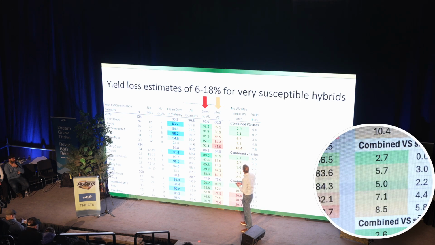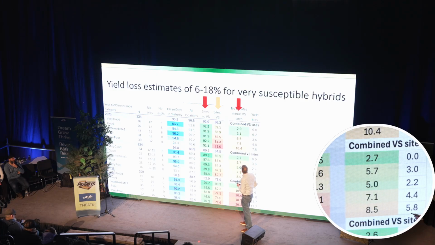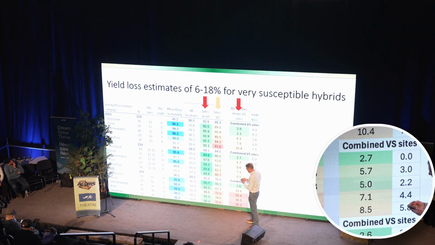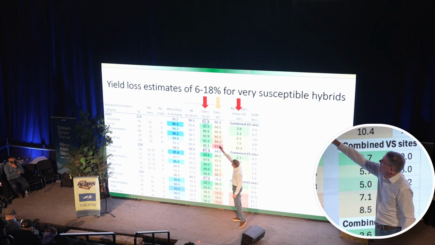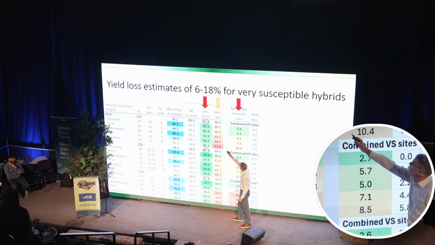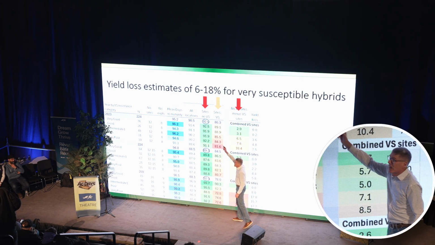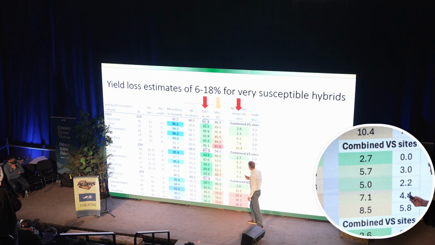So what we can do now is let's try and isolate the yield loss part. And so, what I've done here is taken the yields of the no verticillium site and used that, and I subtracted these numbers from that to get these ones over here.